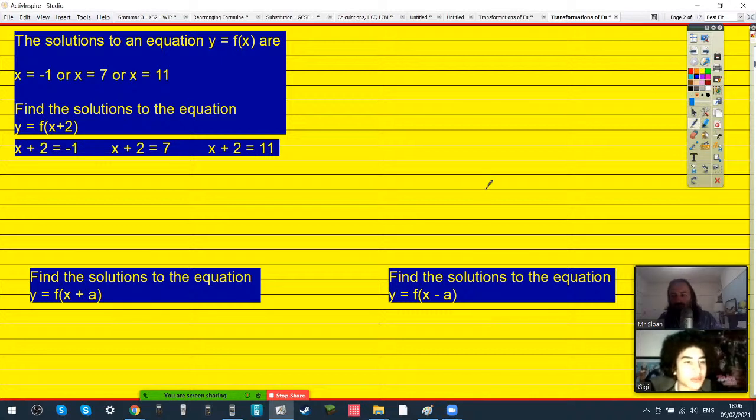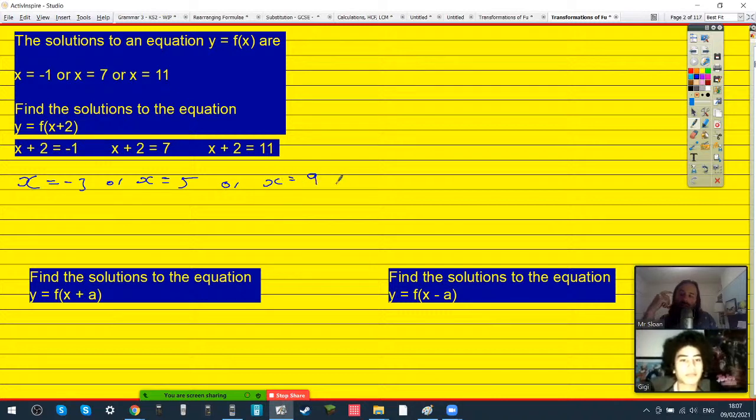So x plus 2 equals -1, so x would be -3. x plus 2 equals 7, so x would be 5. And x plus 2 is 11, so x would be 9.